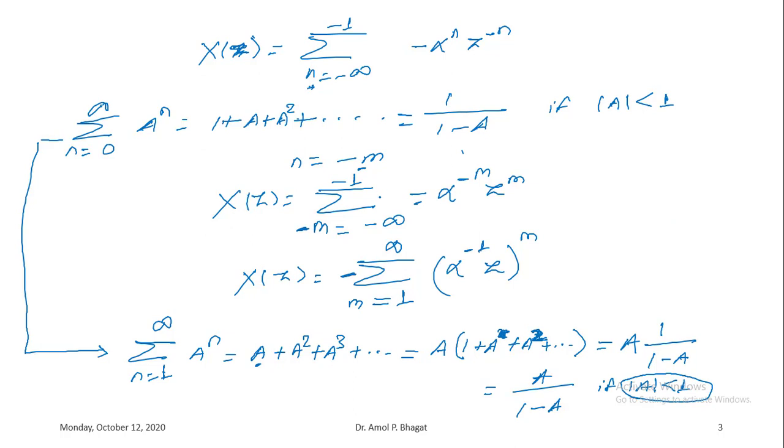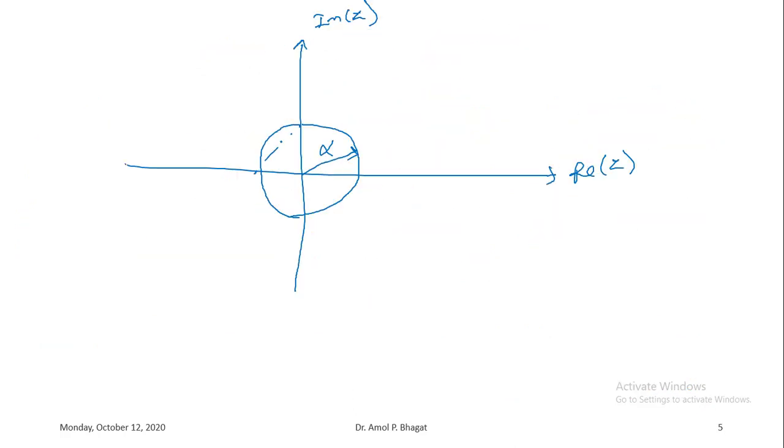That means the ROC will be this interior part of the circle, right? So it should be the inside, interior to the circle. This alpha will not be included in the ROC.